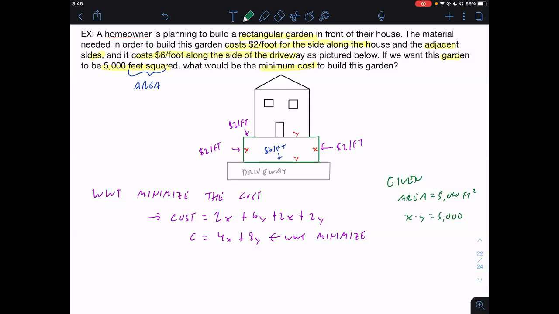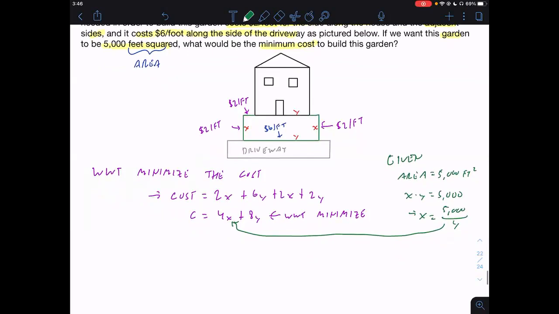Dividing both sides by y gives us x equals 5,000 divided by y. And now let's take this and plug it in for x here. We're going to write our function in terms of y.